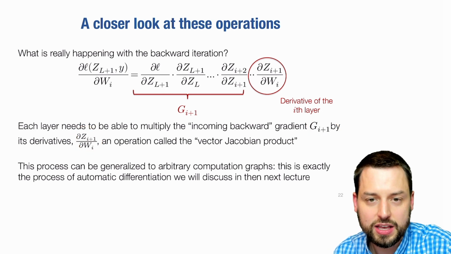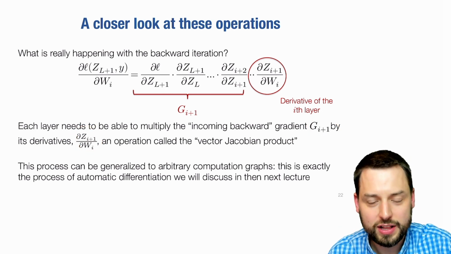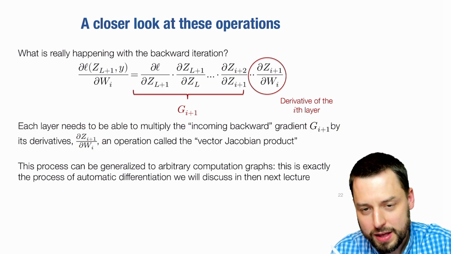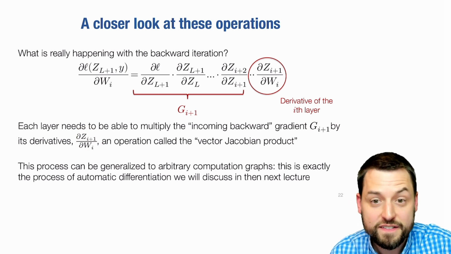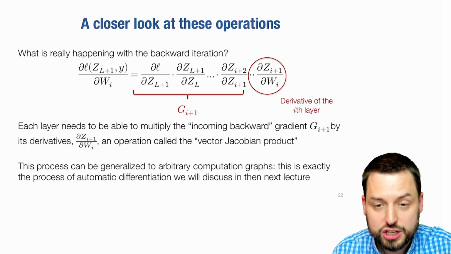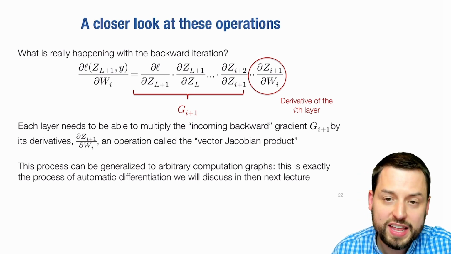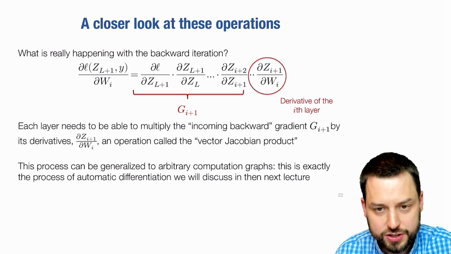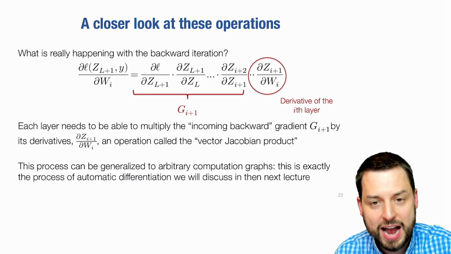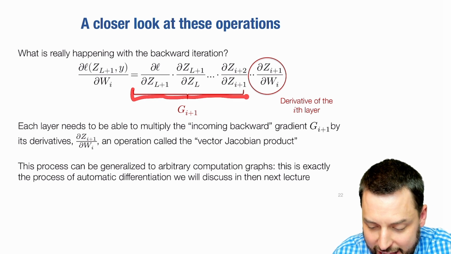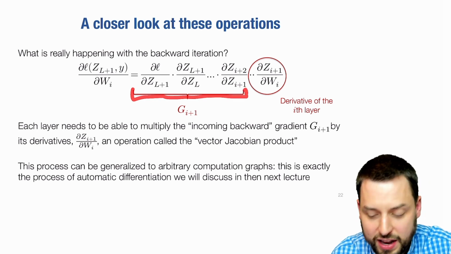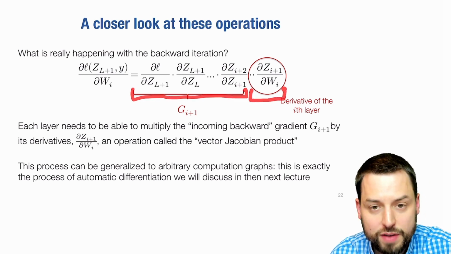And this is actually a crucial insight into making this whole procedure more modular, because this is a very general statement. Generally speaking, all that any layer has to be able to do in order to fit into a backpropagation framework is be able to multiply the incoming backward gradient with its own derivatives.